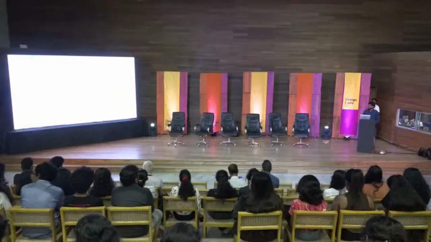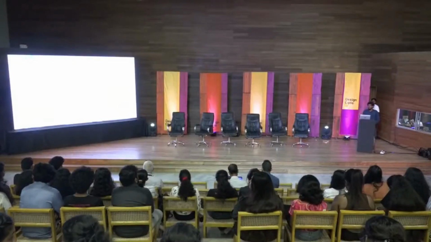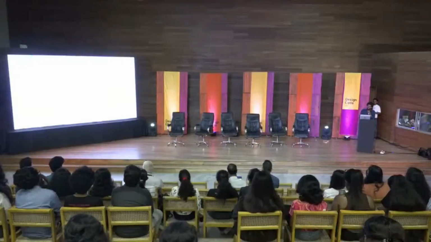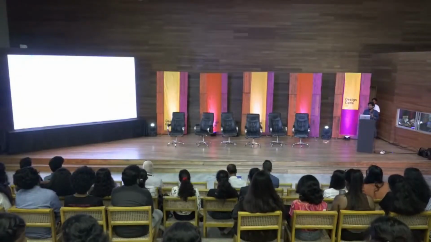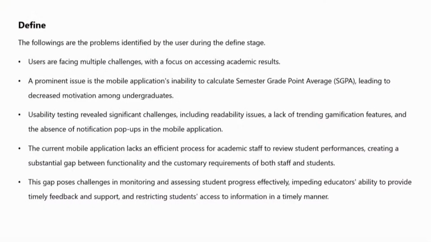I started to create personas and empathy maps, what they feel and what they want. Likewise, I tried to figure out their requirements. I figured out there are some problems. The main problem is that students can already see their results, but there is no analytical part.